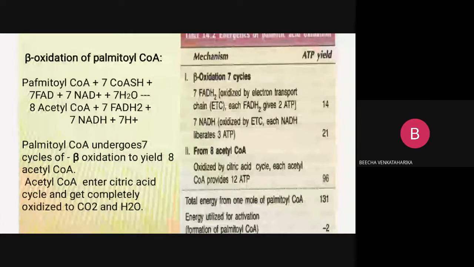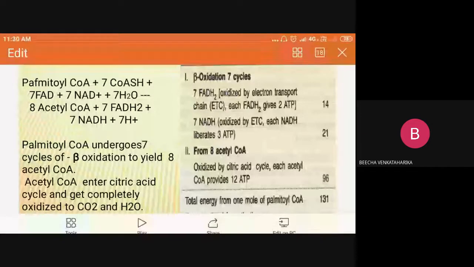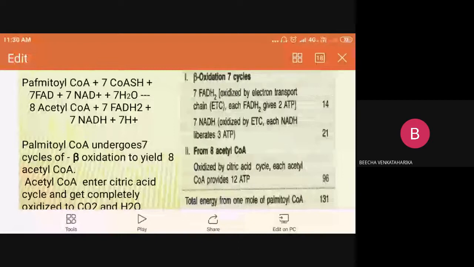See, in the beta oxidation cycle, 7 cycles, each cycle having 1 FADH2, so 7 cycles have 7 FADH2s, 7 NADH2s. 7 FADH2s enter the electron transport chain, they give 14 ATPs. 7 NADH2 enter the electron transport chain, that gives 21 ATPs. Understood? And 8 acetyl-CoAs.